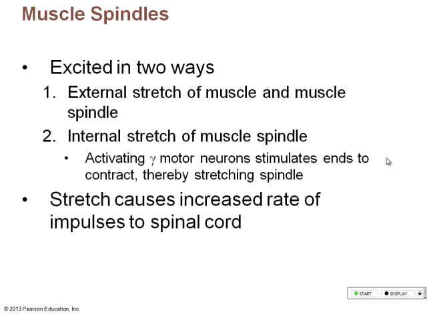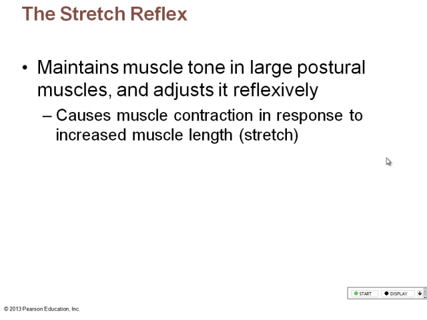So, muscle spindles are excited in two ways. There's got to be some sort of stretch or tension. So, external stretch of muscle and muscle spindle is going to innervate these guys. An internal stretch of muscle spindles is going to activate some of these pathways to communicate with the spinal cord to coordinate movements, to contract muscles when more tension is applied to them.